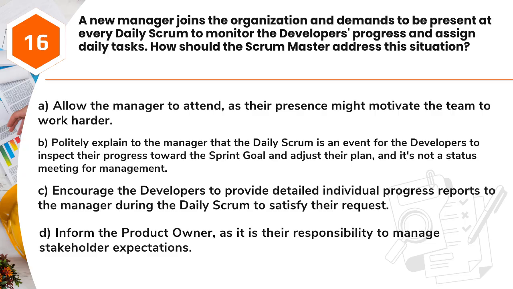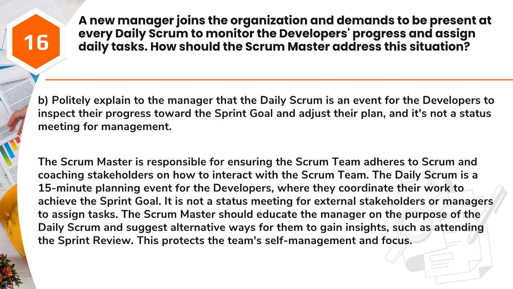B. Politely explain to the manager that the daily Scrum is an event for the developers to inspect their progress toward the sprint goal and adjust their plan, and it's not a status meeting for management. C. Encourage the developers to provide detailed individual progress reports to the manager during the daily Scrum to satisfy their request. D. Inform the product owner, as it is their responsibility to manage stakeholder expectations.